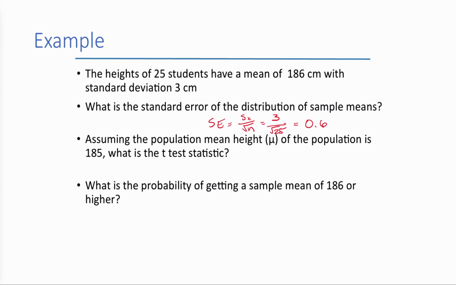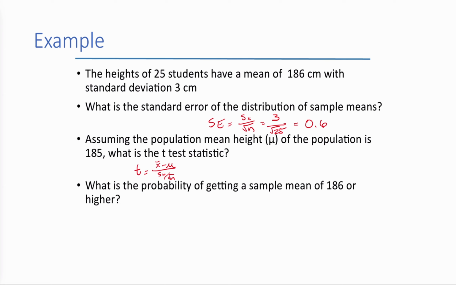Assuming the population mean height mu is 185, what is the t-test statistic? Our specific formula for t for a single mean is x bar minus mu over Sx over the square root of n.